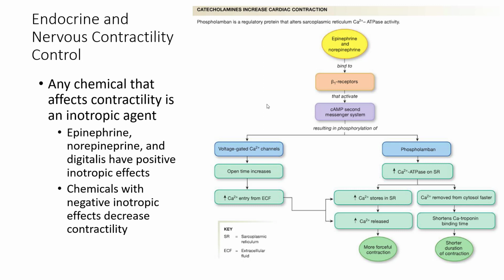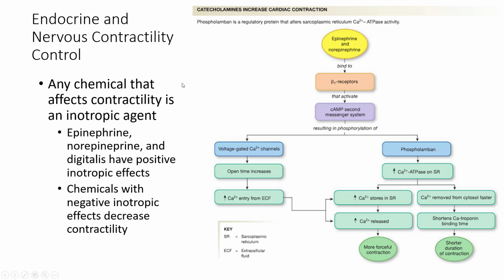For the contractility of the heart, the ability of the heart muscle to generate force, the neurotransmitters that increase cardiac contraction are epinephrine and norepinephrine. Epinephrine is released by the adrenal medulla and circulated in the blood as a neurohormone. Norepinephrine is released by sympathetic neurons.